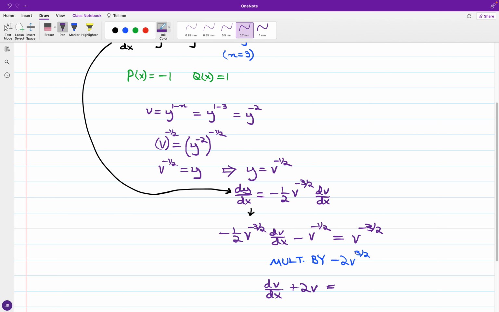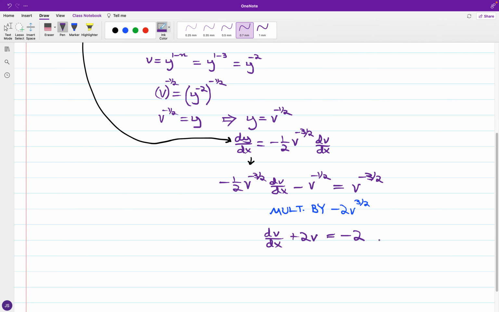And we have is equal to -2, since v to the 3/2 minus 3/2 is v to the 0, so we get -2 times 1, which is -2. In terms of the substitution variable, the coefficient of the first order v term is going to be 2.